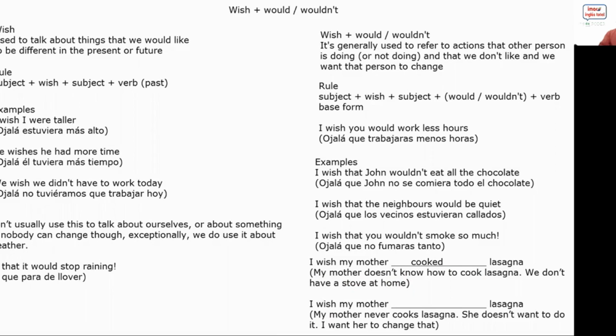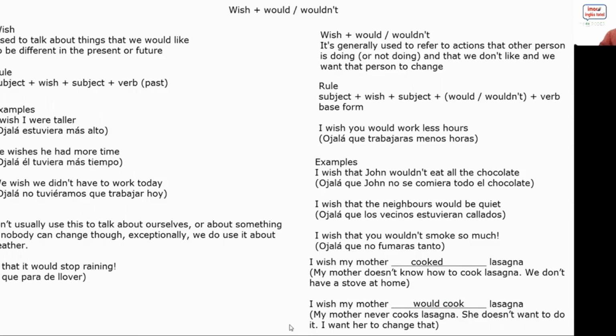And as a result, I'm quite sure that you decided to complete the next sentence using the auxiliary would and the verb cook. Why? I wish my mother would cook lasagna.